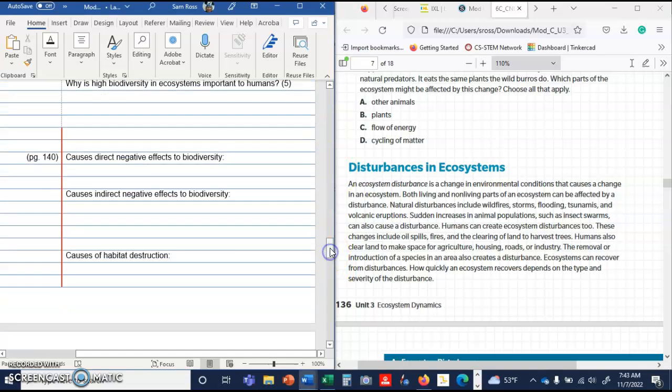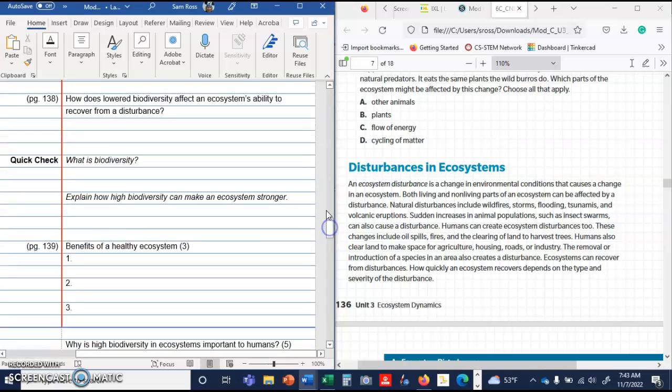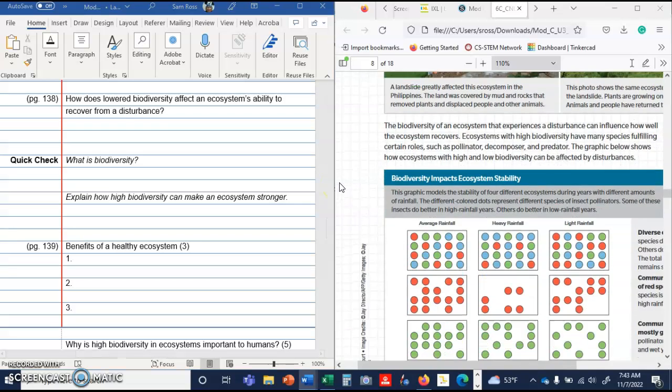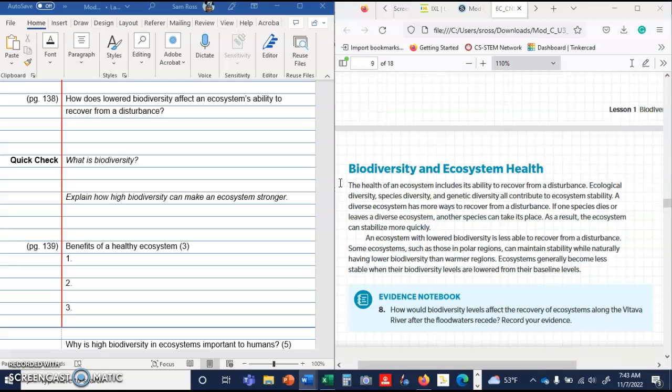Okay, so we're on page 138. Oops, because we answered that one. How does lowered biodiversity affect an ecosystem's ability to recover from a disturbance? That's 136, 137. An ecosystem with lowered biodiversity is less able to recover from a disturbance.